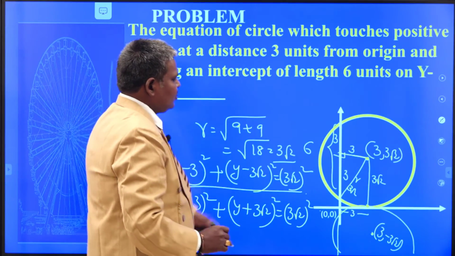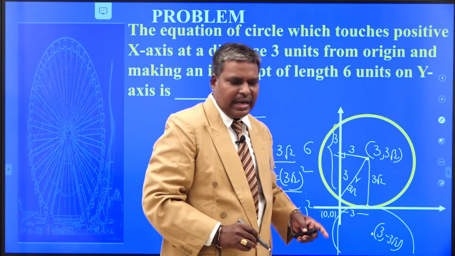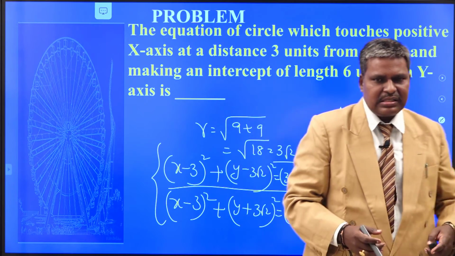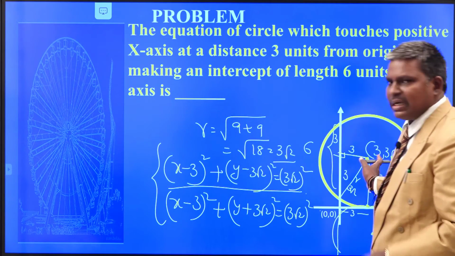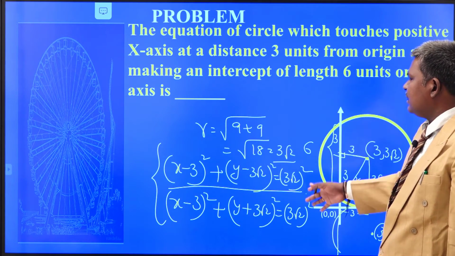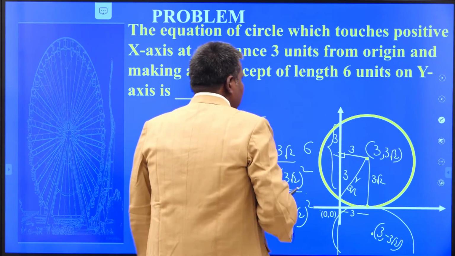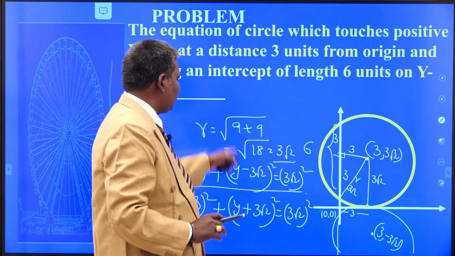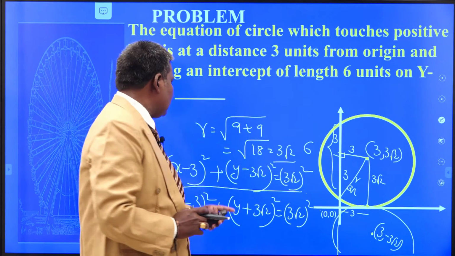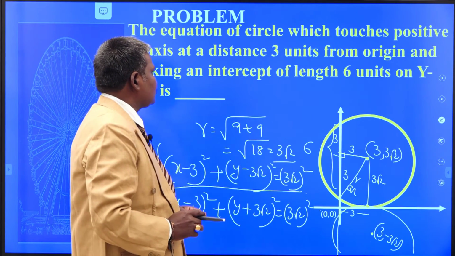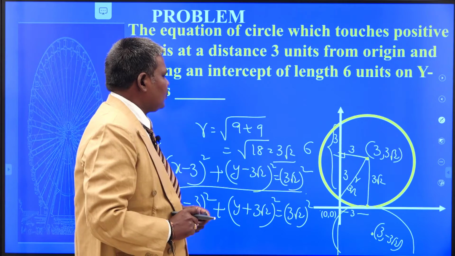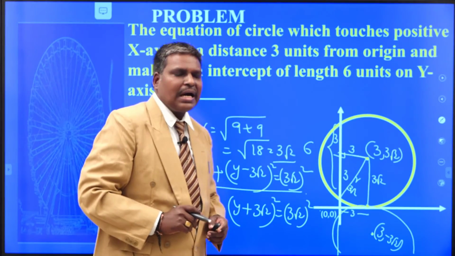In this manner, you just observe the diagram and see how to get the radius. By looking at the diagram itself, you get the radius and from that you get the center of the circles and form the equation of the circle by the formula (x minus x1) whole square plus (y minus y1) whole square is equal to r square.